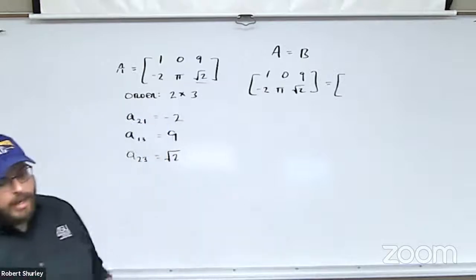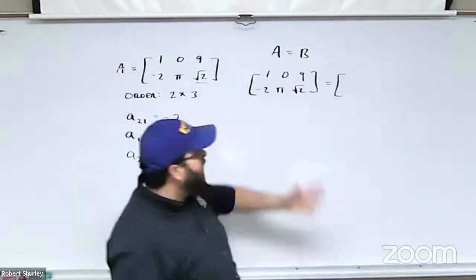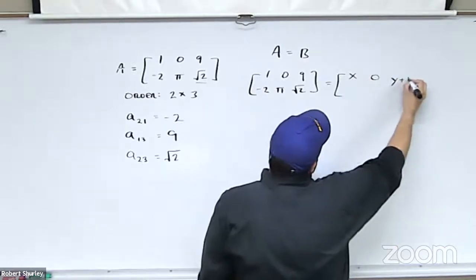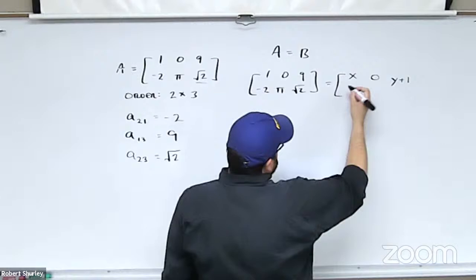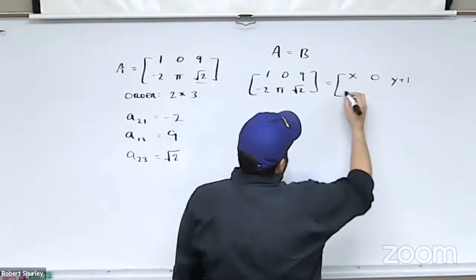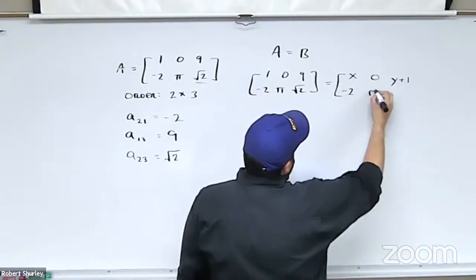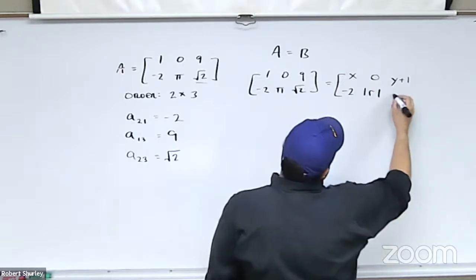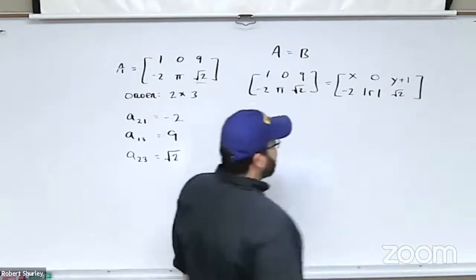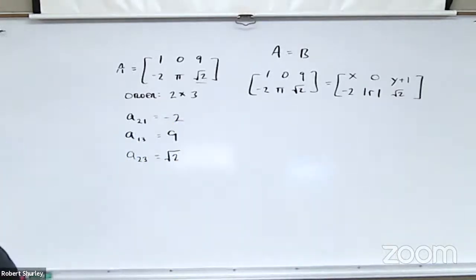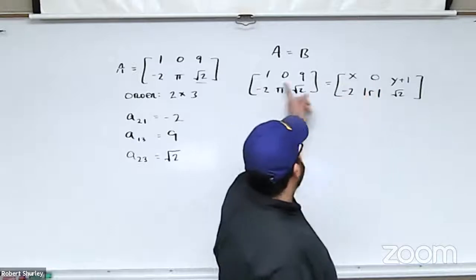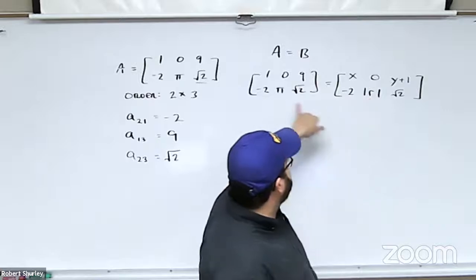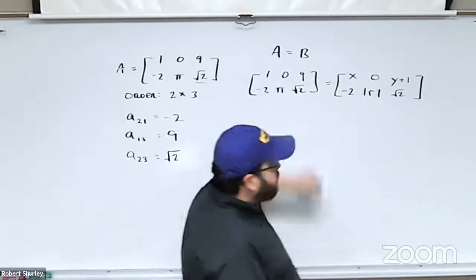If A equals B, let's make up a B matrix: x, 0, y plus 1, -2, R, let's say the absolute value of R, and square root of 2. So we've got x, 0, which we know has to equal 0, y plus 1, negative 2, the absolute value of R, and the square root of 2.